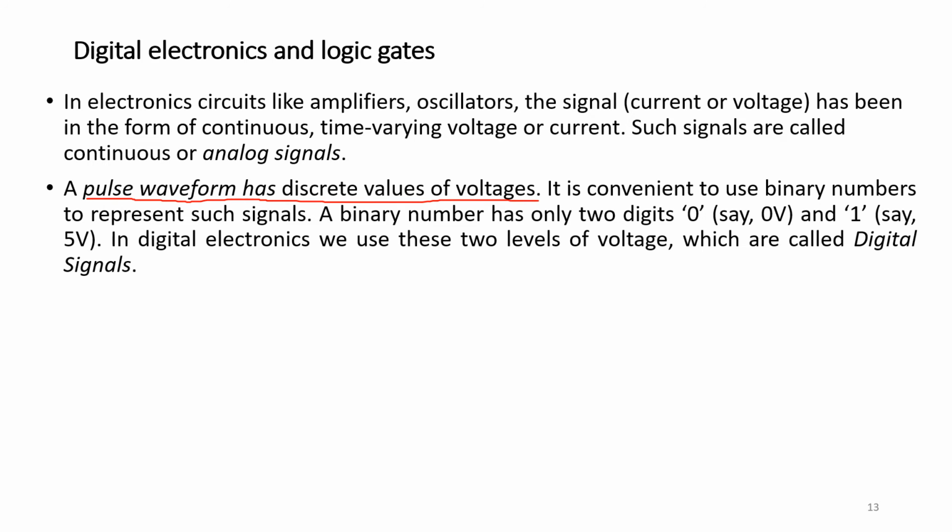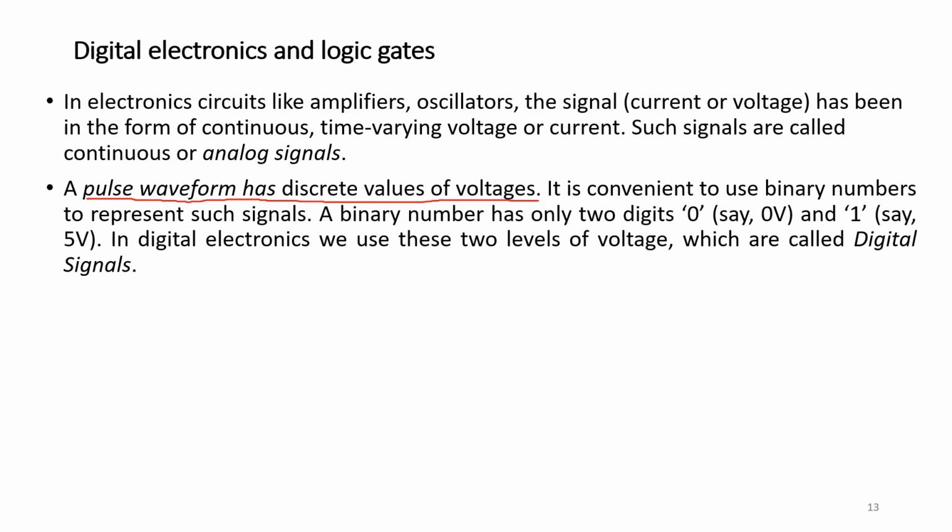It is convenient to use binary numbers to represent such signals. A binary number has always two digits, two states, either 0 or 1. Say, when the switch is on, it is 1, and when the switch is off, it is 0.